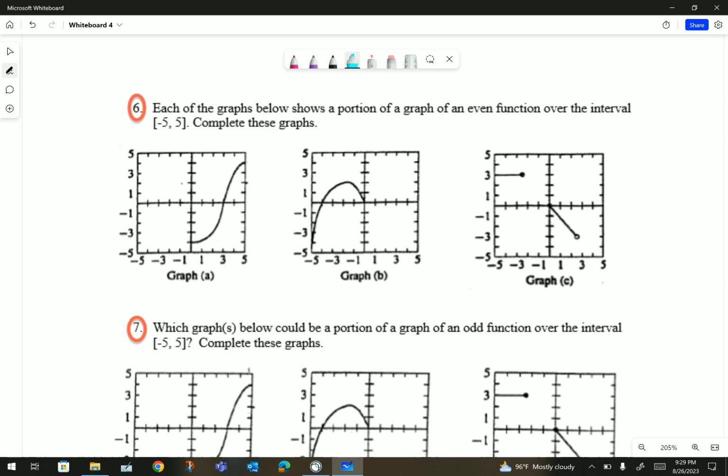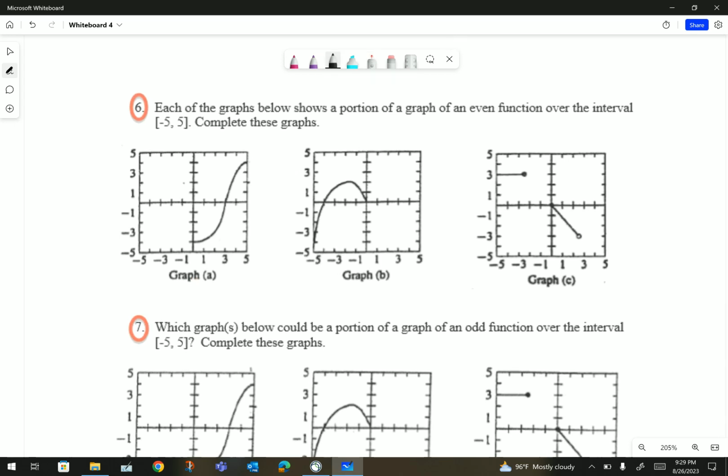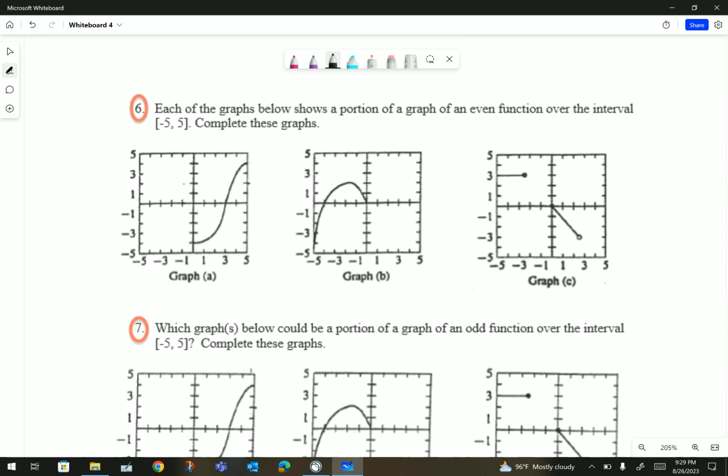So if this graph A were to be an even function, that means over this y-axis, there has to be a reflection and a mirror image on the other side. So let us draw some points that would help us draw this graph a little bit more correctly.